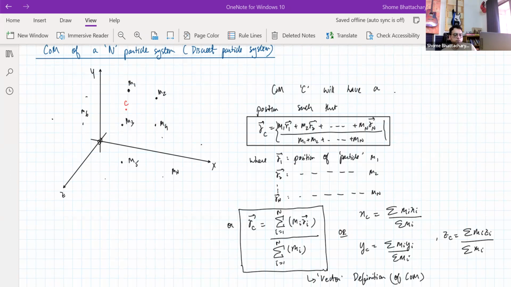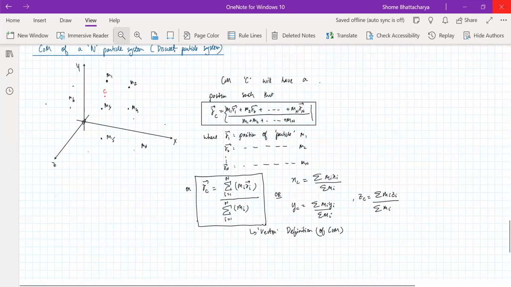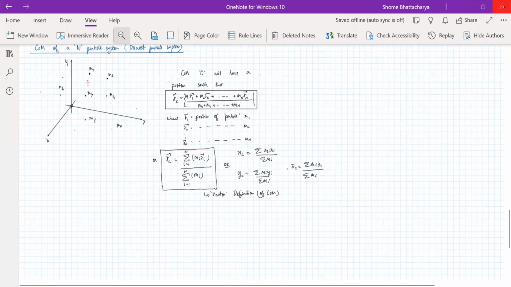Okay, so let's do a quick simple problem using this formula.